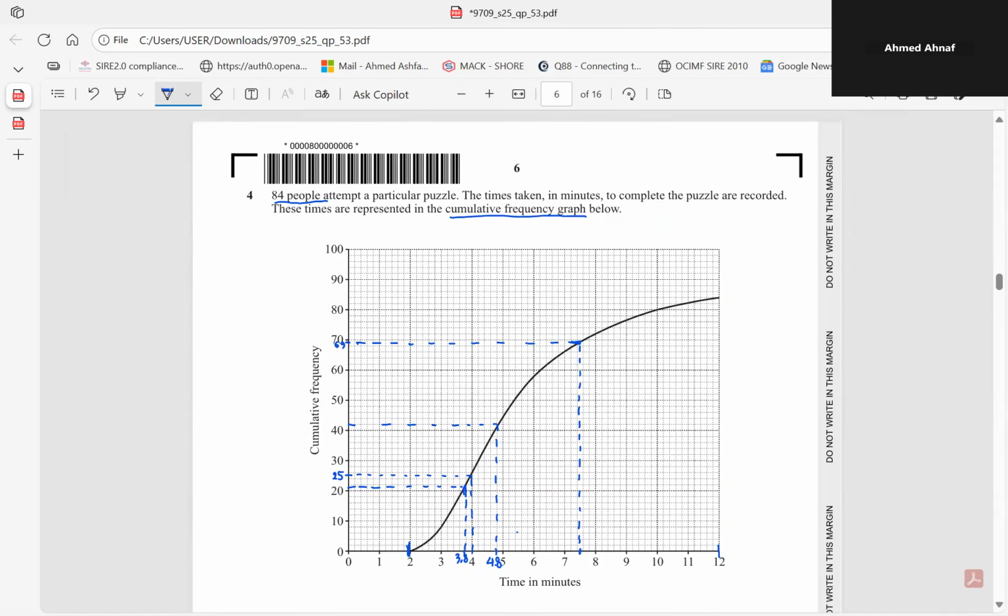So 63 is between here. Okay, so it lines up perfectly in here, so that is 6.2, 6.4, 6.6.